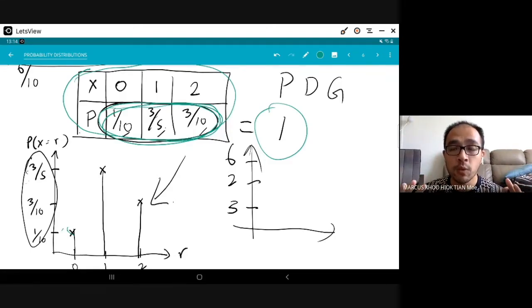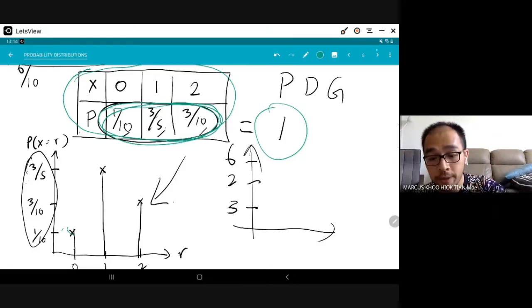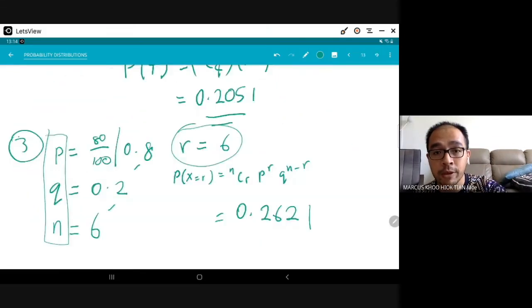When we are doing this topic, you are going to hear this sentence many times, sampai kamu akan muak. What is the total probability? All the probability total together must be equal to what? Make sure you drum it into your head. It's a very important thing.